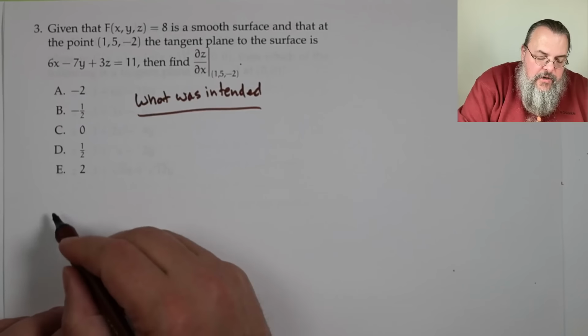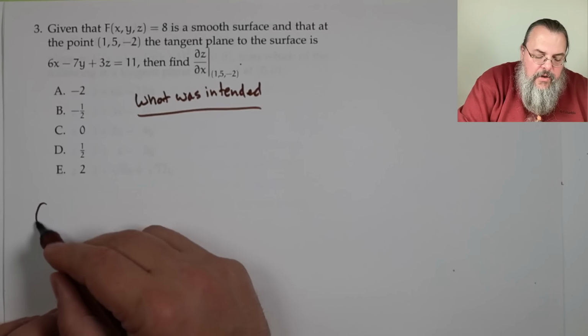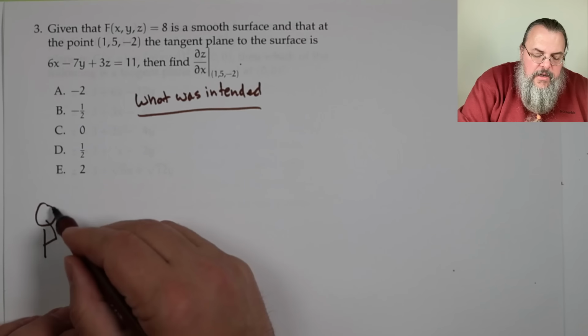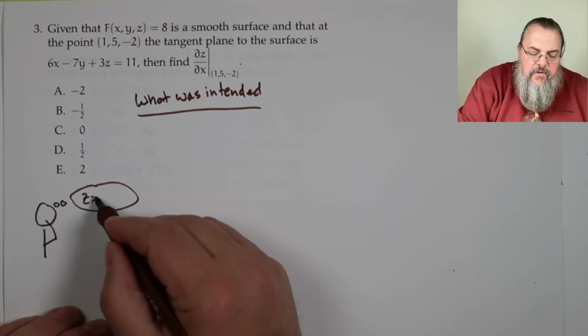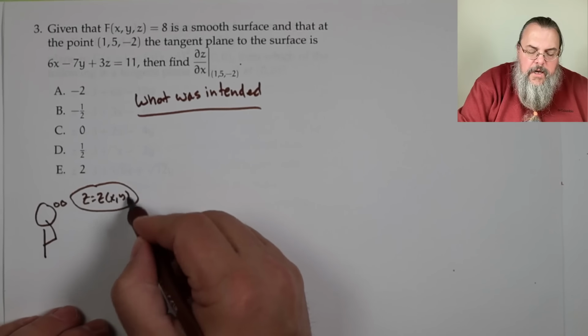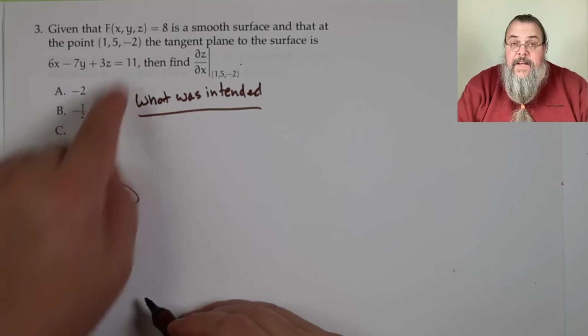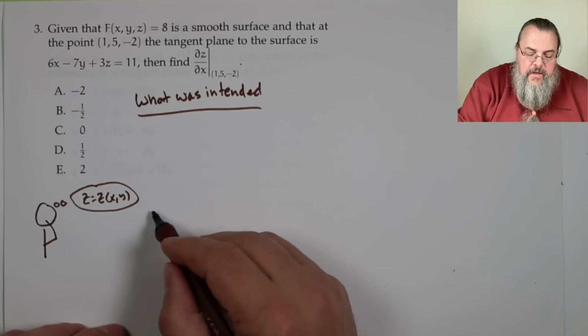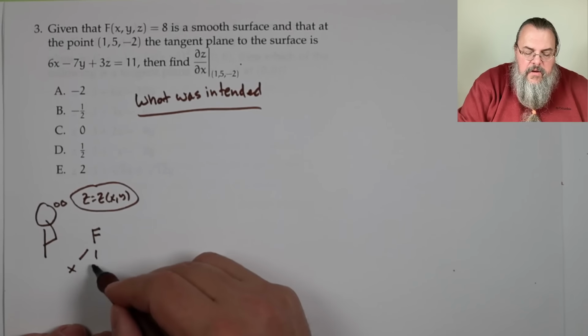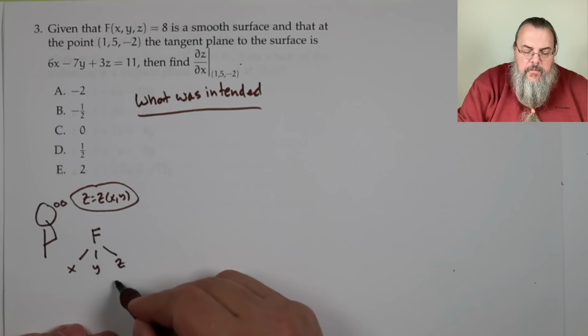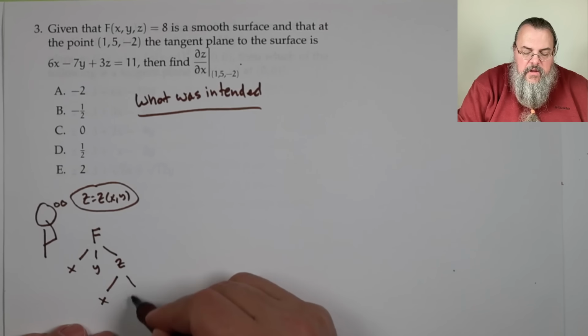So what we're really thinking of is that z is really a function of x and y. So when we look at this, f depends on x, y, and z, but z depends on x and y.